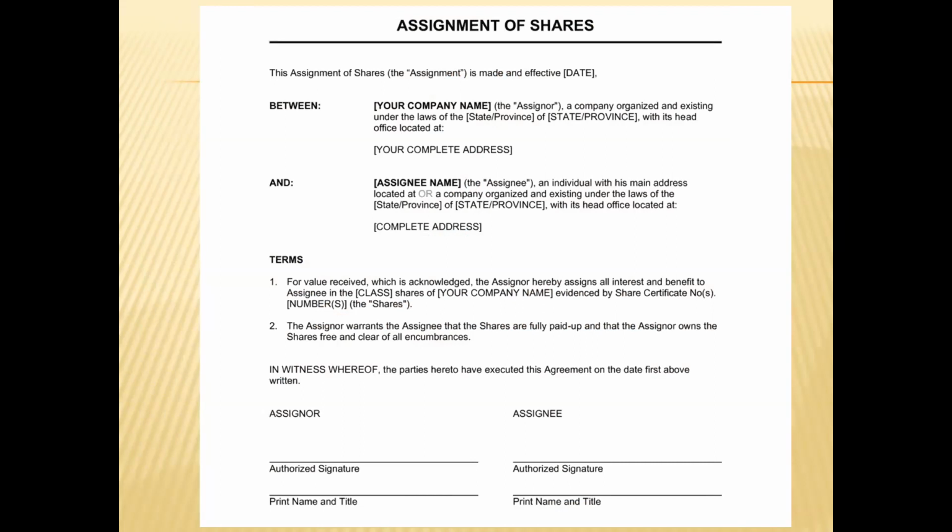Okay, so if there's an encumbrance by another bank, and the bank that's giving you the loan, who's taking the assignment of these shares, finds out, that can be cause to call in the loan.